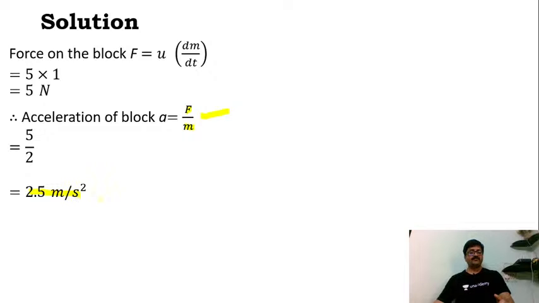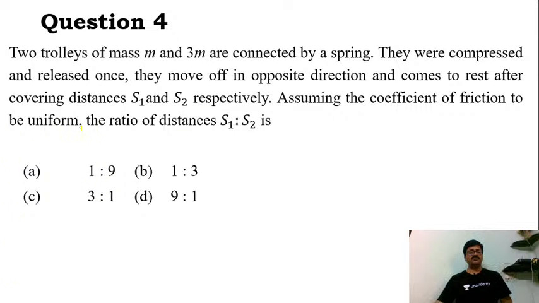Now let us move on to question number 4 quickly. Two trolleys of mass m and 3m are connected by a spring. They were compressed and released, once they move off in opposite directions and come to rest after covering distances s1 and s2 respectively.